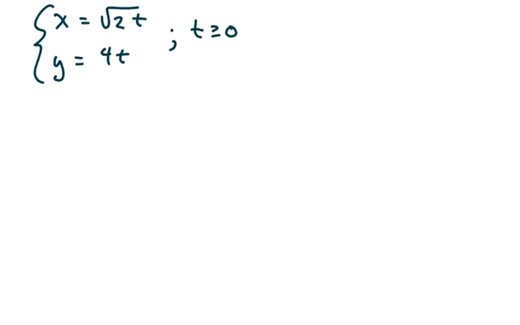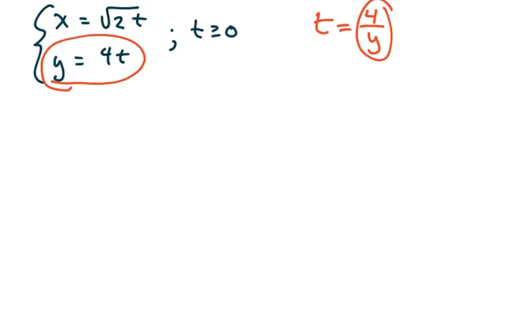Now let's do another one like this. So we have one with another square root. And so let's solve for t. It's easier to solve for this one, so that's what I'm going to do. So t equals 4 over y, and I'm going to substitute that into the equation.